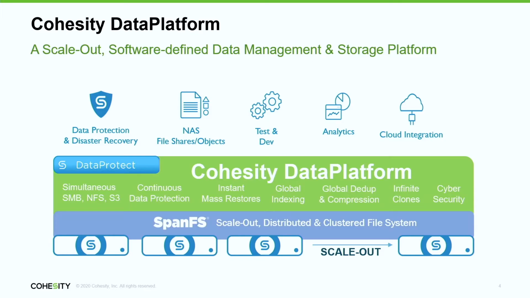This storage and data management platform can run multiple workloads. As you see on top of the slide, one of the big workloads that we support on our Cohesity data platform is data protection, so actually backup and restore, as well as disaster recovery. Another workload that we run on our storage platform is file services.